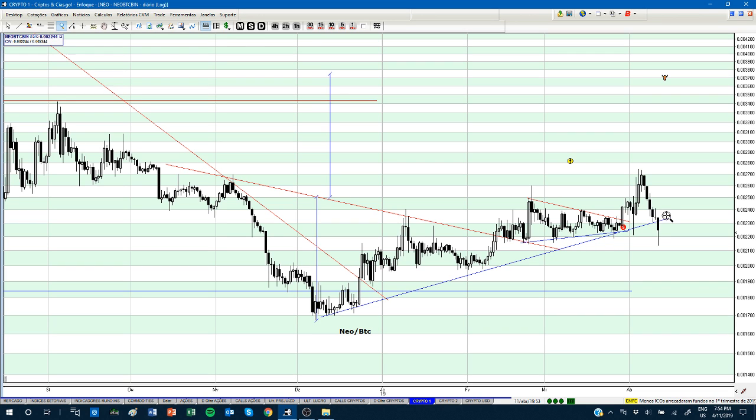Wow, that's a bearish upward trend line that apparently has been broken. Unless it gives us a hammer today, that would be bearish. I would think it would come down to 0.0019, which is this level here.